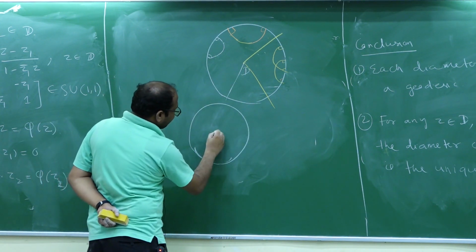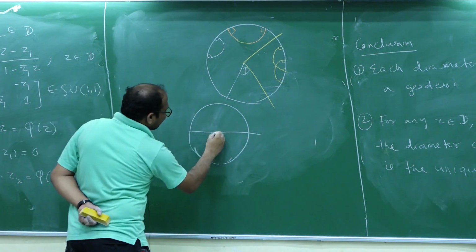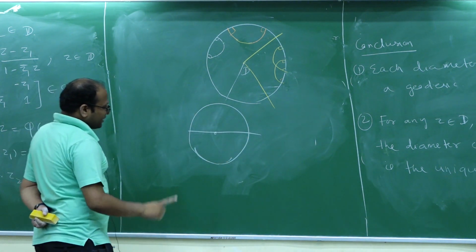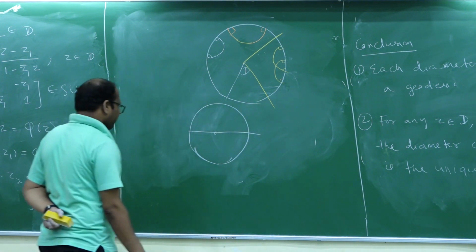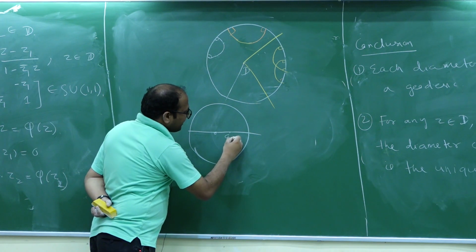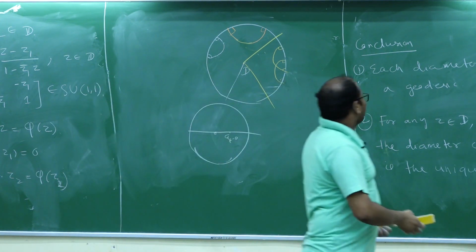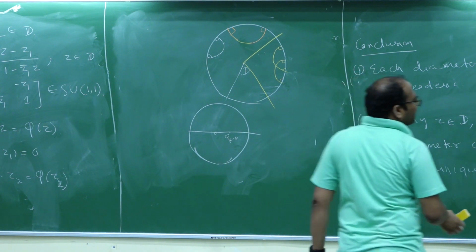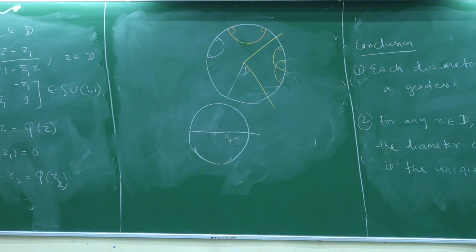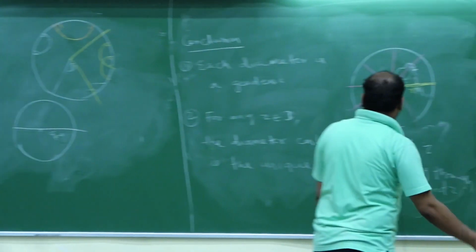So, this is the real axis. And I told you in the previous lecture that any point here can be written as a, 0.